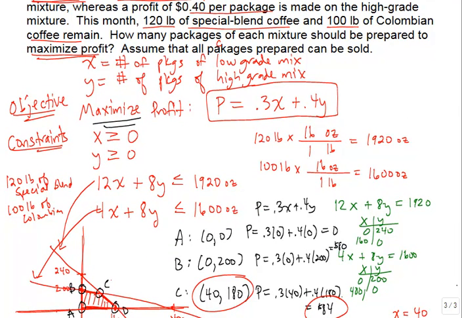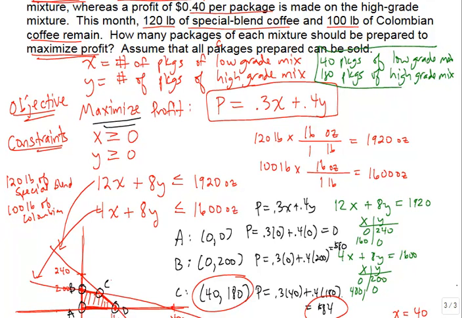So we need 40 packages of the low-grade mix, and we need 180 packages of the high-grade mix. That's how many we need to prepare and sell in order to maximize our profit. Okay? Alright, that concludes our lecture on linear programming. Good luck!